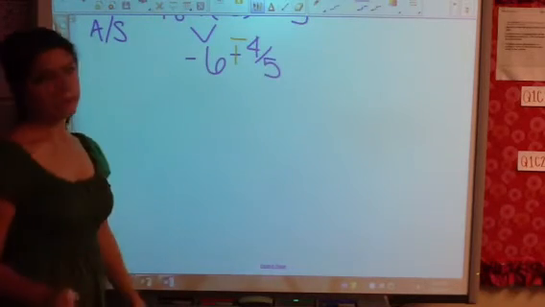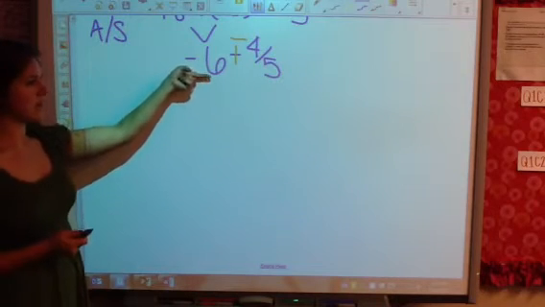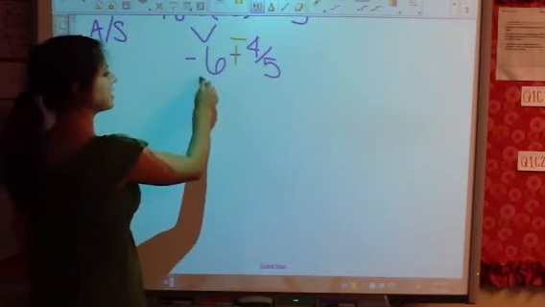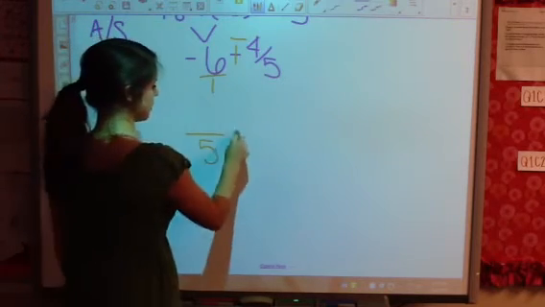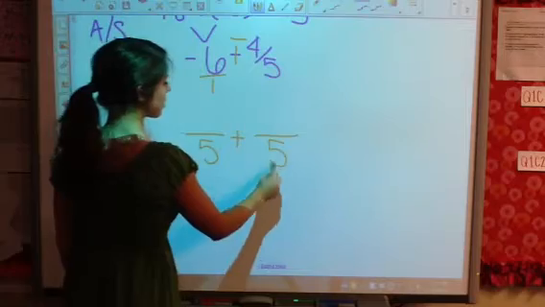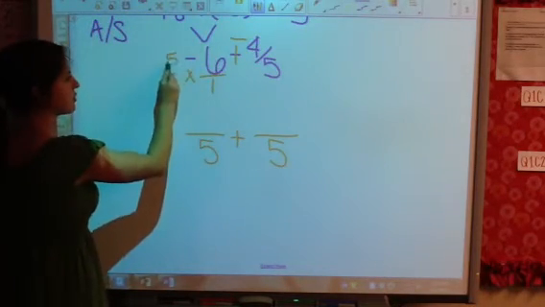Now I'll show you a shortcut in a minute, but we're going to pretend we don't know the shortcut yet. So -6, I want that into fifths. So -6 over 1, okay? I want fifths to be my common denominator. So in order to get from 1 to 5, I multiply by 5 over 5.